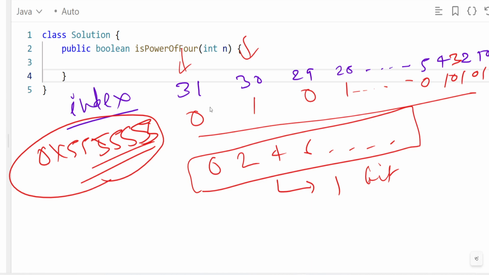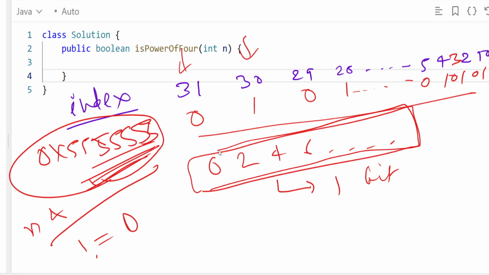So how are we going to mask this? Very first, we apply n AND this value, and if it is not giving 0, it means there is a single bit.